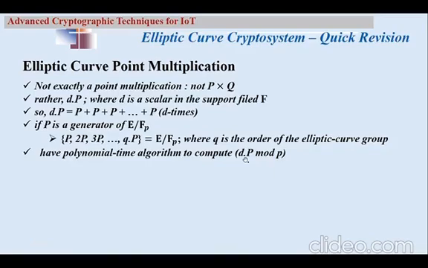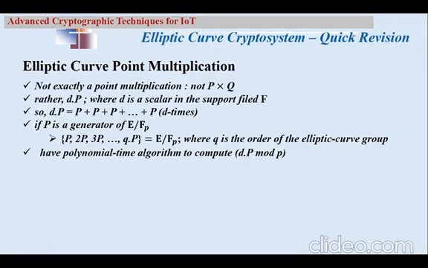An analogous example I can give you in modular arithmetic: if you do exponentiation x to the power y, then we do not have any polynomial time algorithm to perform this. However, if we do x to the power y mod n, then we have a polynomial time algorithm.